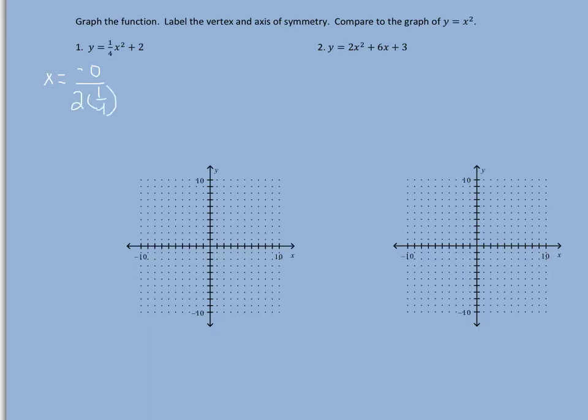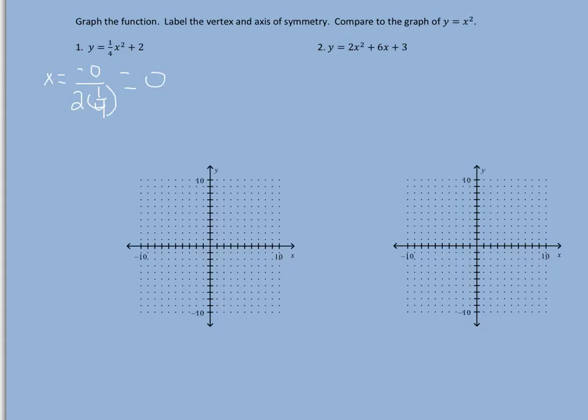Remember, x equals negative b divided by 2a. So you get negative 0 divided by 1/2, which is 0. So we know x is 0.